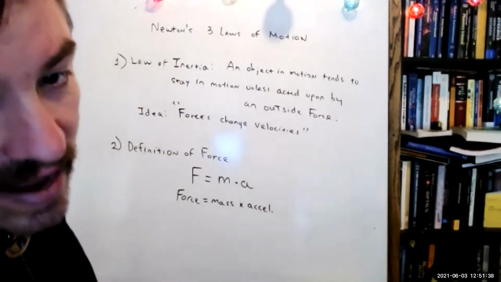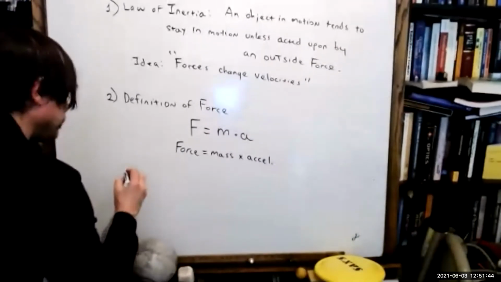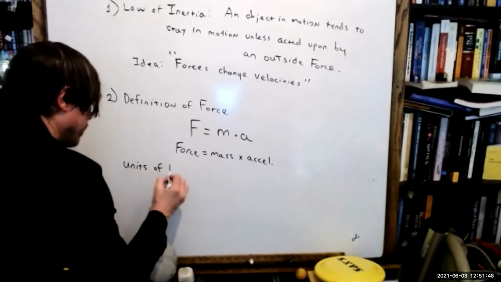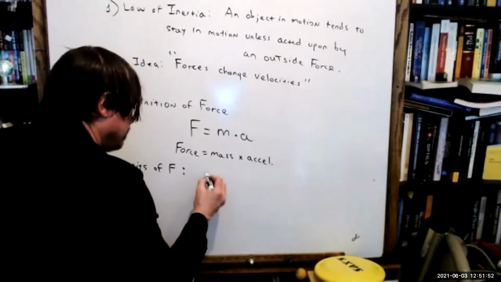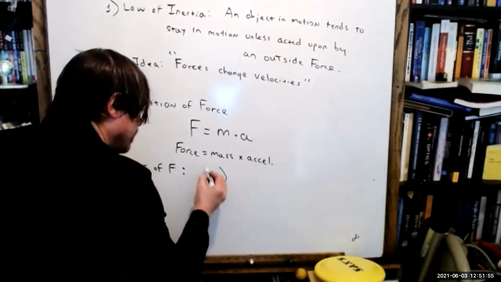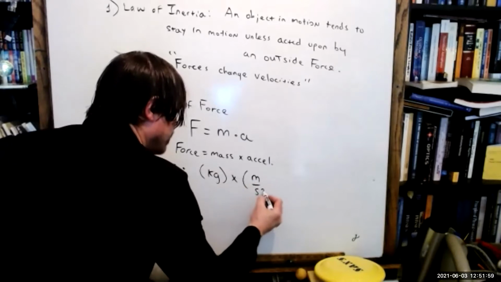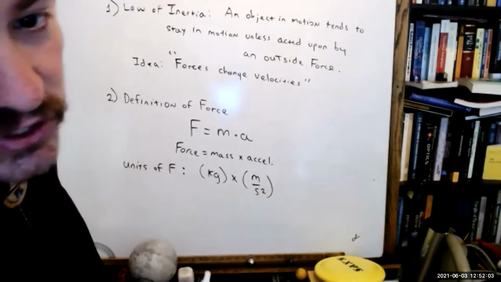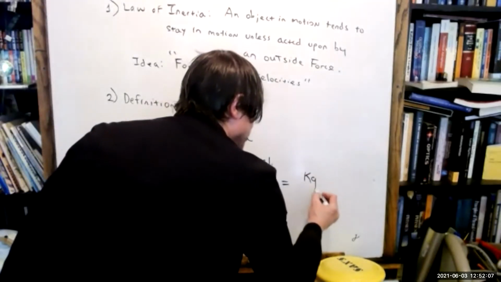Now, we can derive the units of force by considering the units of mass and the units of acceleration. The units of force can be found by multiplying masses, kilograms, times accelerations, meters per second squared, and smushing them all into the same fraction.